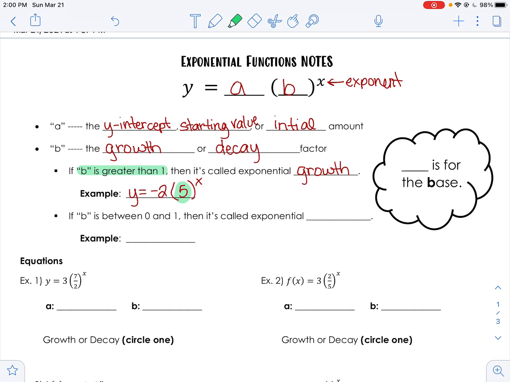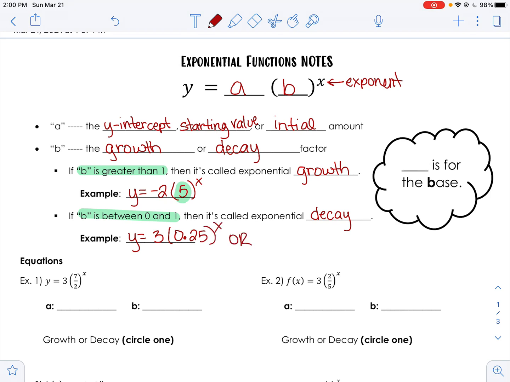Okay, now if b is between 0 and 1, so not negative, it means anything between 0 and 1, like 1/2, 0.1, 0.2, 1/4. Okay, that is called exponential decay. An example of what that would look like would be y equals, let's say, 3 times 0.25 to the x power.